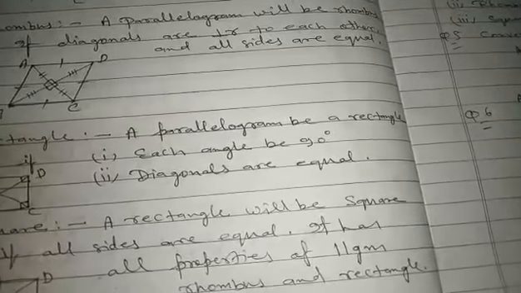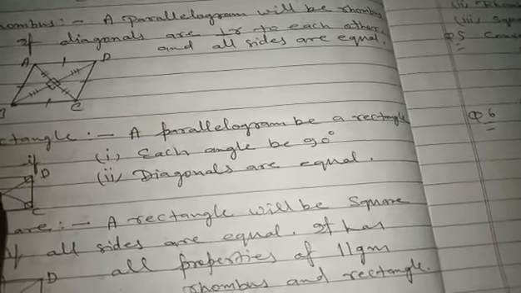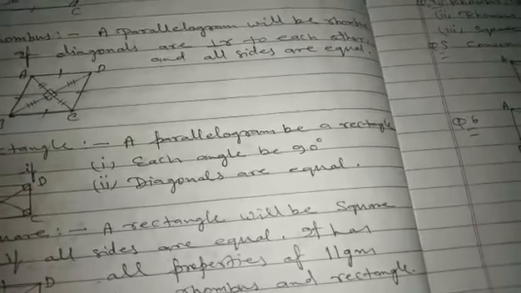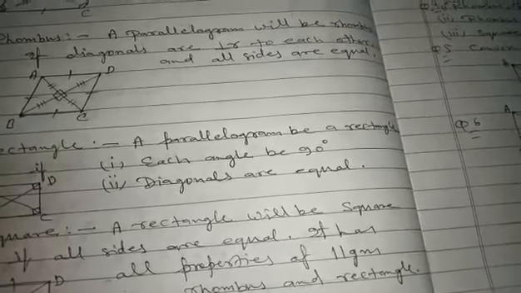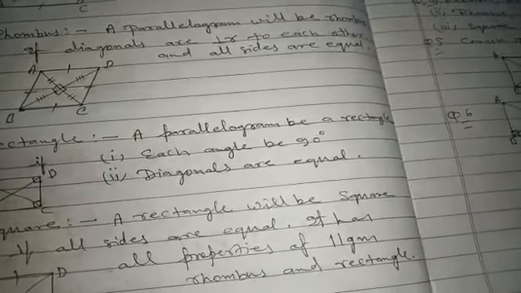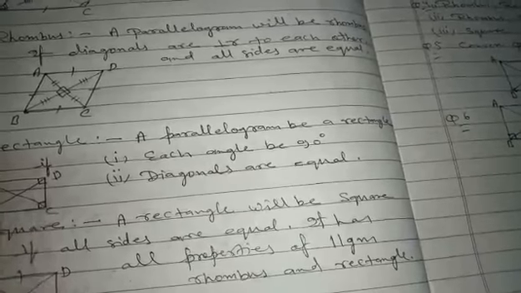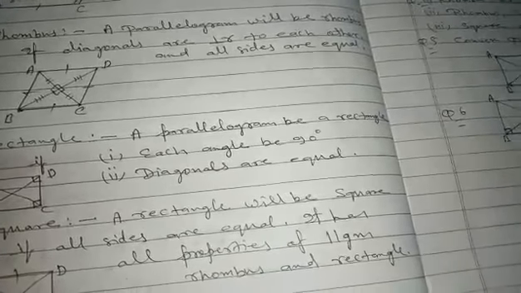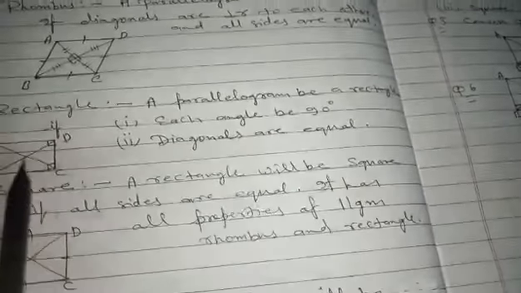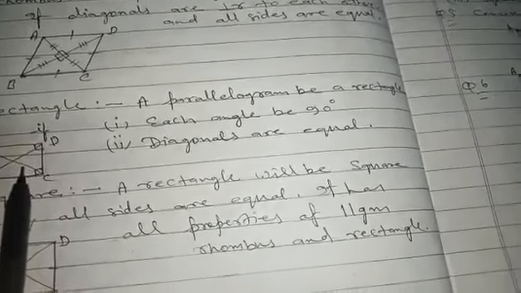Opposite sides are parallel and equal, diagonals bisect each other and diagonals are also equal and each angle is 90 degrees. Two conditions are extra. First condition is its diagonals are equal and all angles are 90 degrees. So it is clear. So all rectangles are parallelograms.